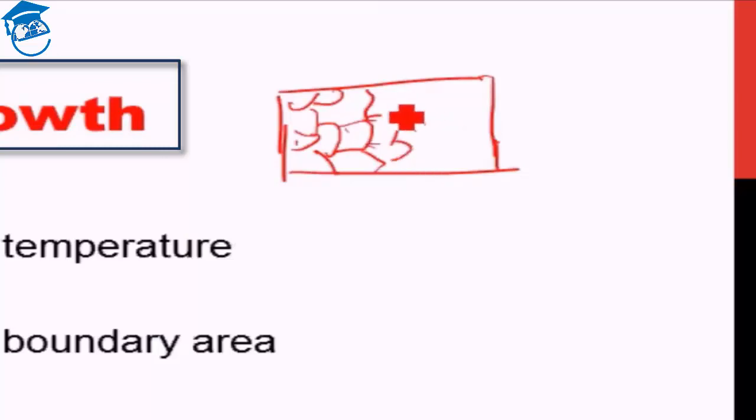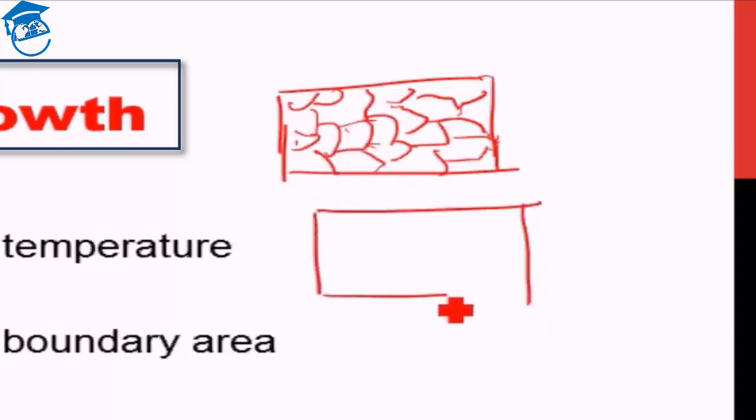If we keep the material exposed to high temperature even now, then smaller grains will be consumed by larger grains, and effectively the average grain size will increase. Why is that so?